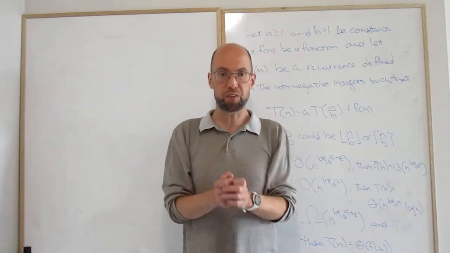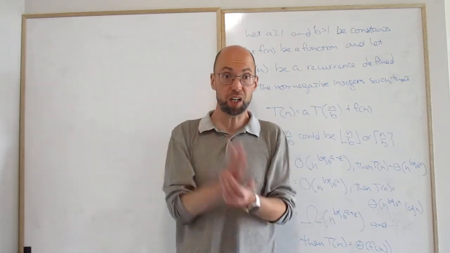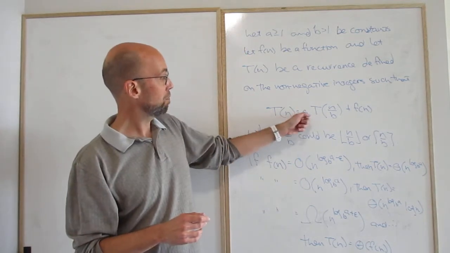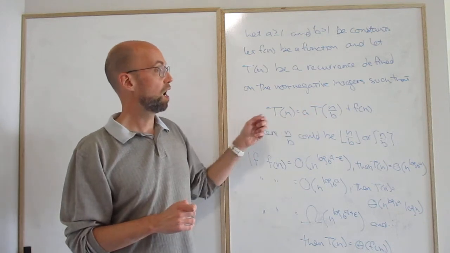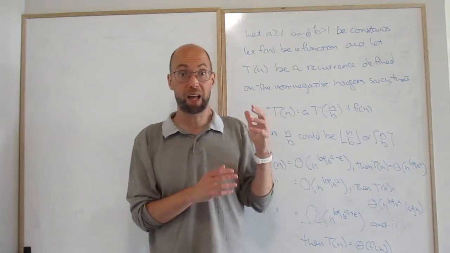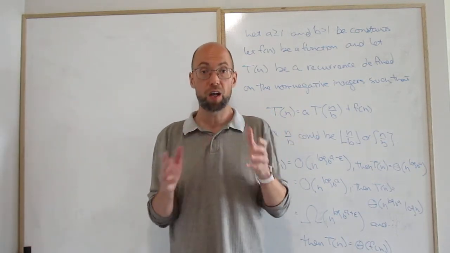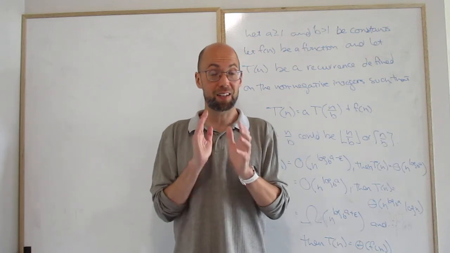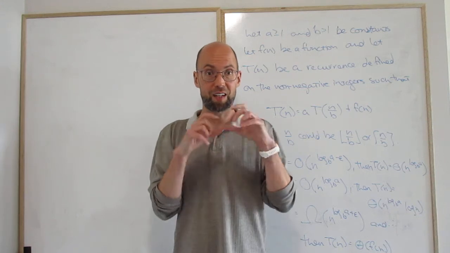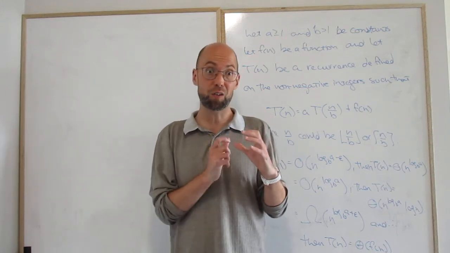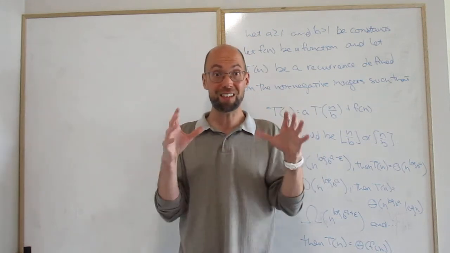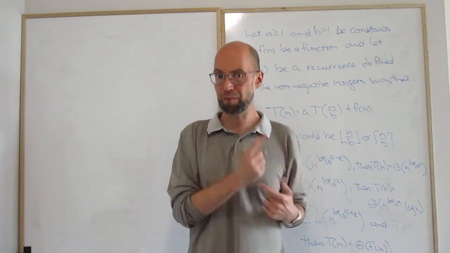So you start at the root of the tree with the problem, and you cut it into some number of subproblems, a subproblems of size about n over b. Remember Strassen: you're cutting matrices into submatrices of size n over 2 by n over 2, giving 8 submatrices, but then you're actually doing 7 multiplications.